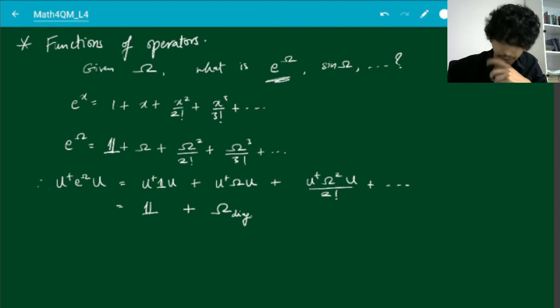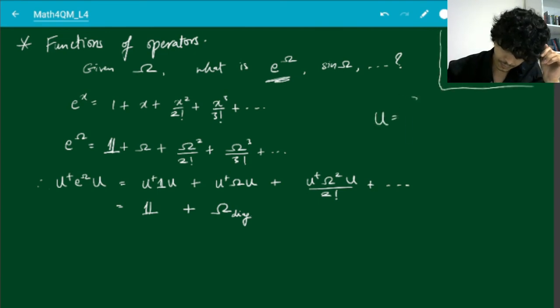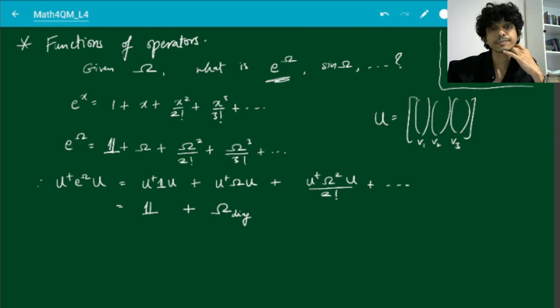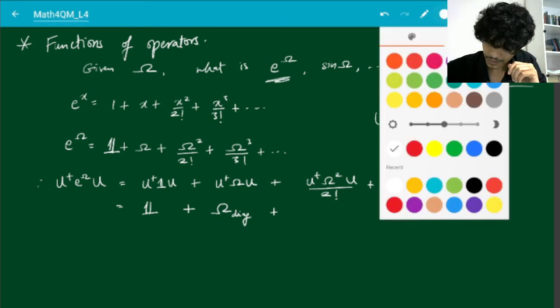The matrix U that I'm using is that U is basically the eigenvectors of omega stacked together. So this is omega diagonal. Over here, what I'm going to do is omega square is omega times omega. Let's write this in a different color.